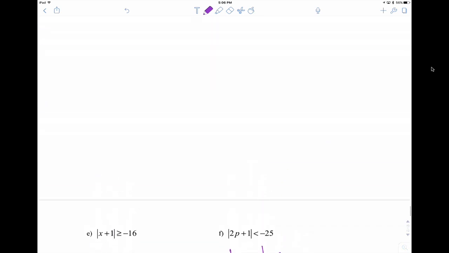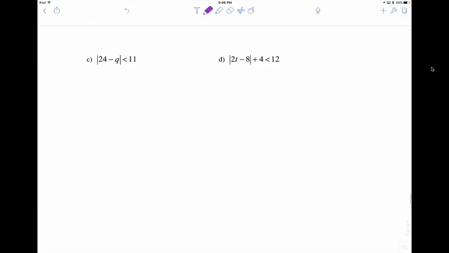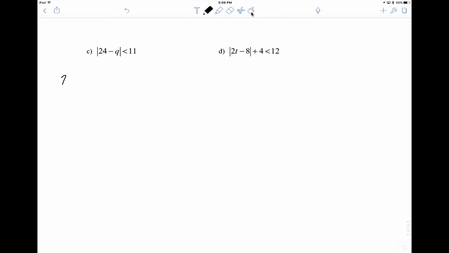So then working backward, C: 24 minus q is going to be less than 11, and 24 minus q will be values that are also greater than minus 11. It's an AND situation, looking for this set.